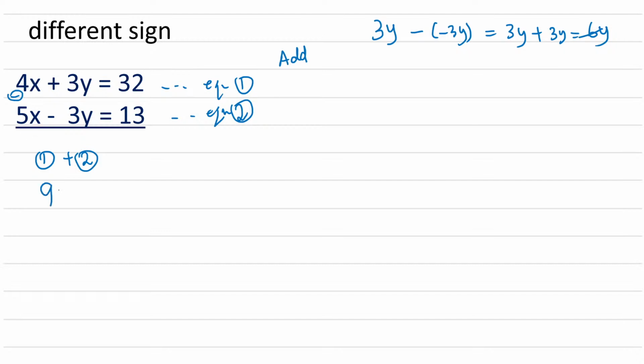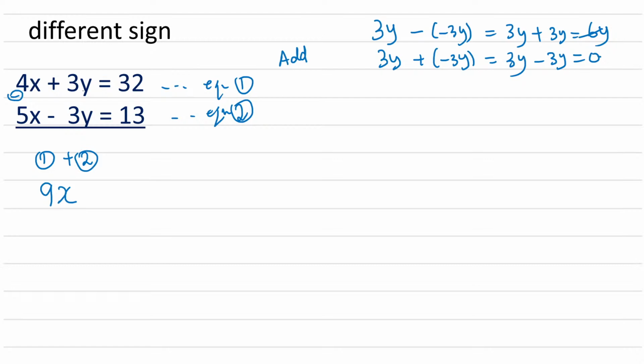You get 9x. And then plus 3y plus a negative 3y, that will give you 0. And that is what I want to achieve.